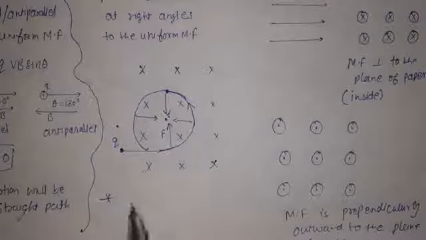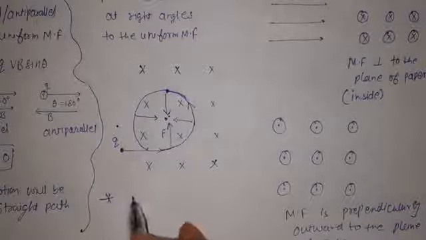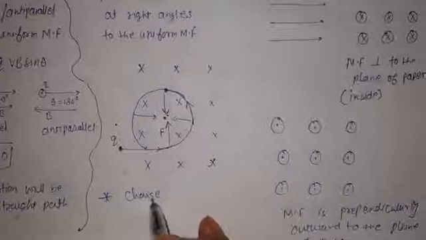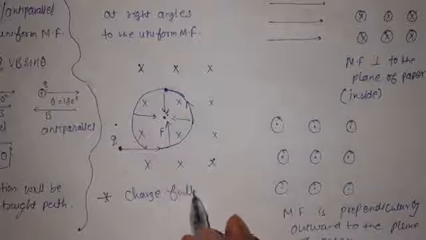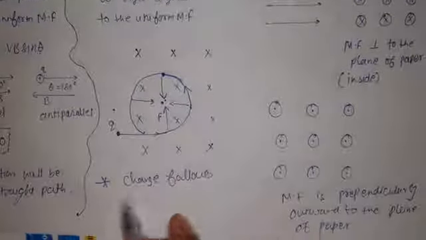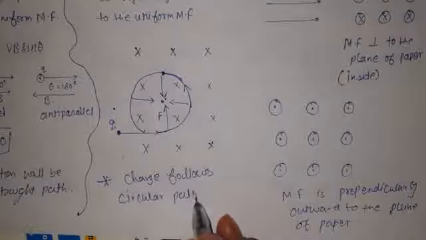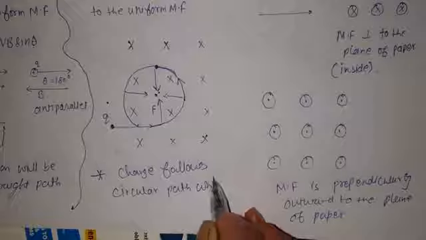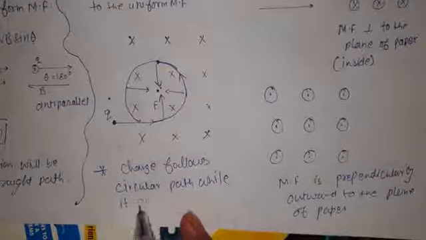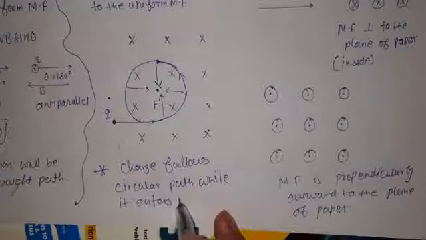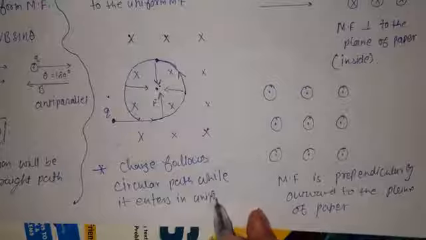So I am going to write here: a charge follows a circular path when it enters in a uniform magnetic field.